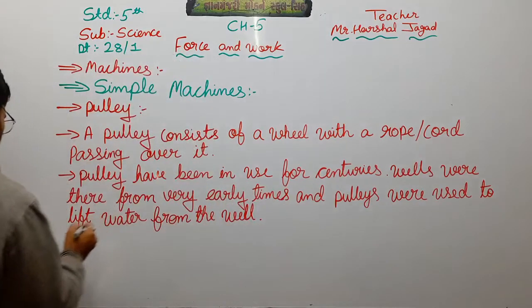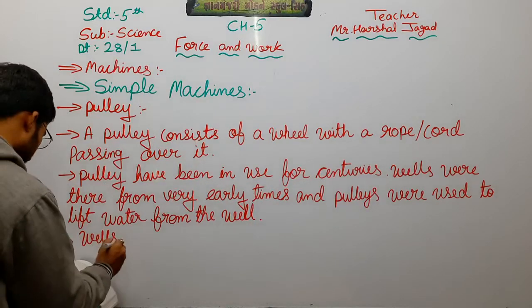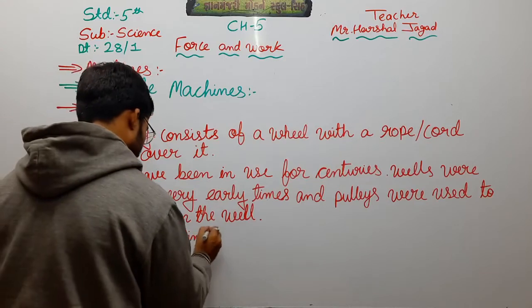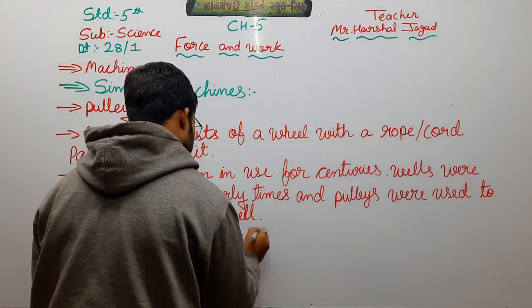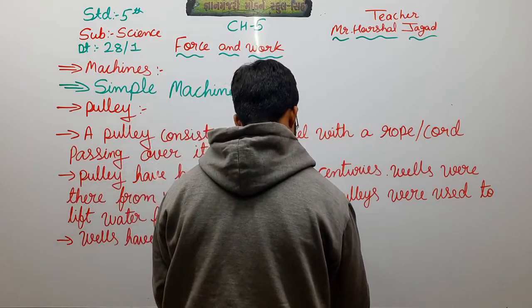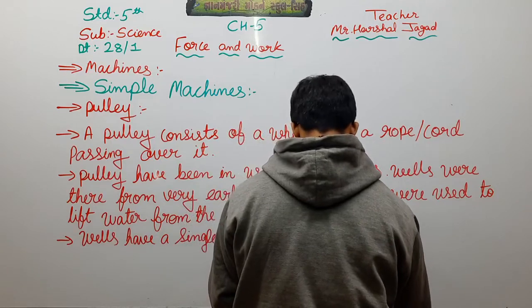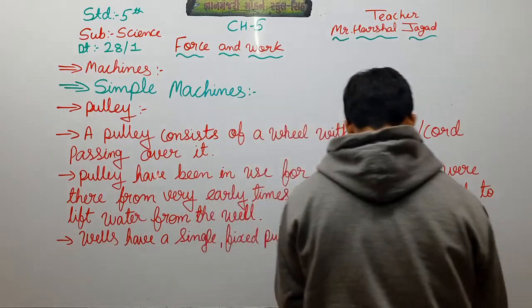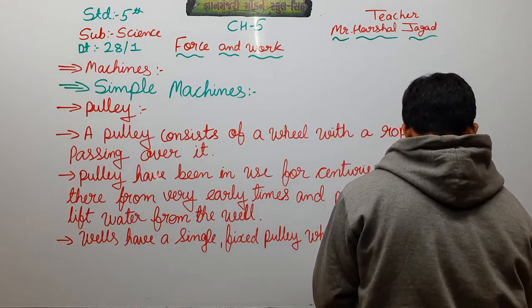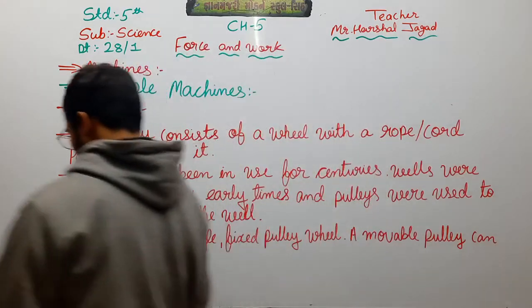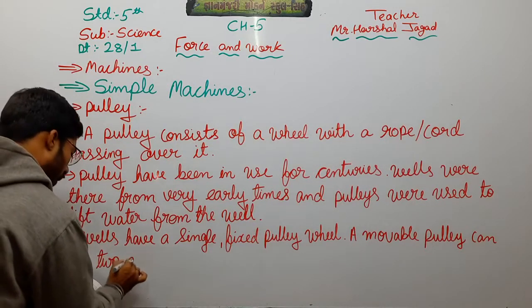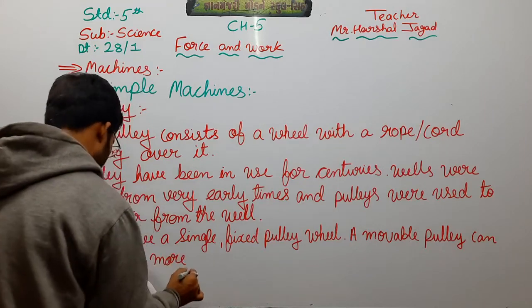So how is it that wells have a single fixed pulley, while a movable pulley can have two or more wheels.